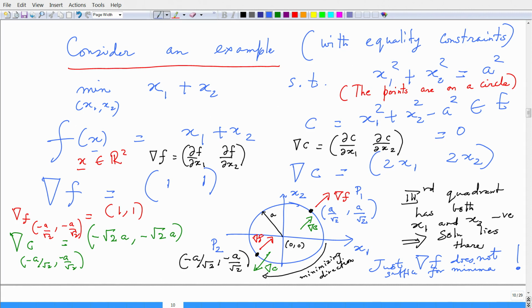Now, similarly when I evaluate the gradient of C at the point P1, I get plus root 2a and plus root 2a.